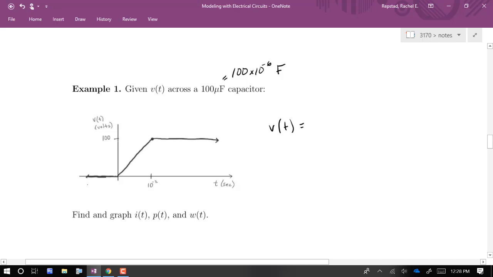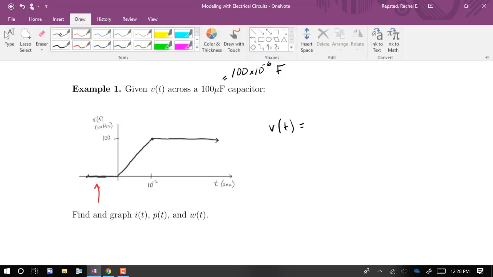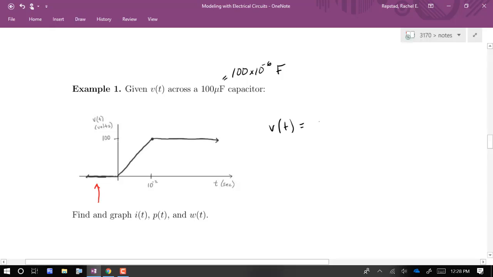So in the beginning, over here in this area, when t is less than 0, the voltage is 0. And then between 0 and 10 to the negative 2, it's this linear function. And that slope, let's see, rise over run.